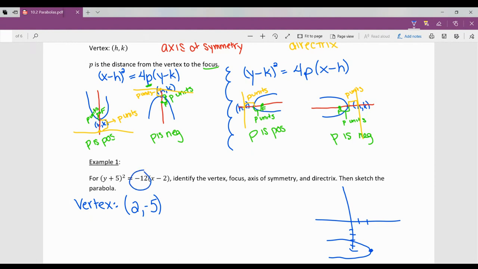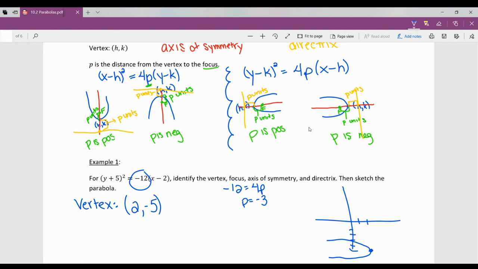All right, so because my number out in front is negative, it's going to be opening to the left. So 4p is out in front, so negative 12 is equal to 4p, so p equals negative 3. So that means we're going 3 units to the left.